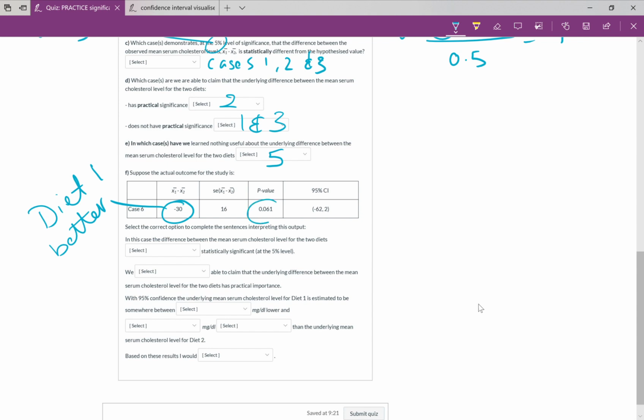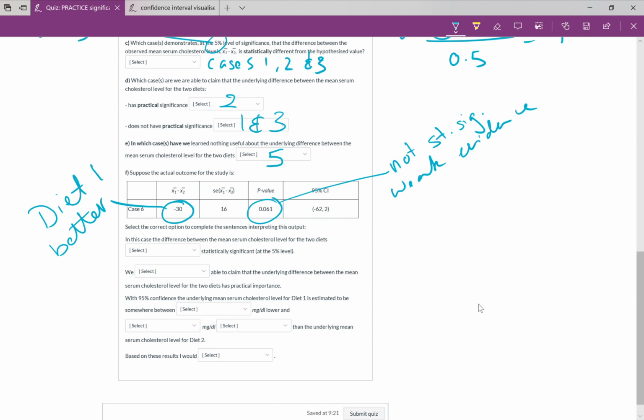Our p-value, 0.06, is higher than the 5% cutoff for statistical significance in this case. So this is not quite statistically significant. If we were interpreting this in a different way, we could say that there is weak evidence against the null, weak evidence of a true difference between the mean cholesterol levels for the two diets.